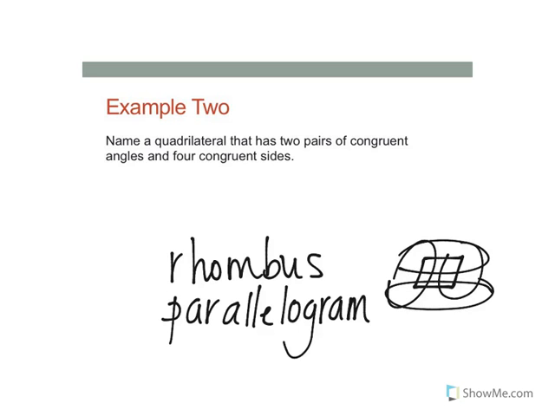Okay, we can also see if it is a rectangle: 2 pairs of congruent sides and 4 right angles. In this case, my rhombus is tilted a little bit, so it is not going to be considered a rectangle. And then a square must have 4 right angles. Now in this one it says 2 pairs of congruent angles and 4 congruent sides, so it really could also be a square.